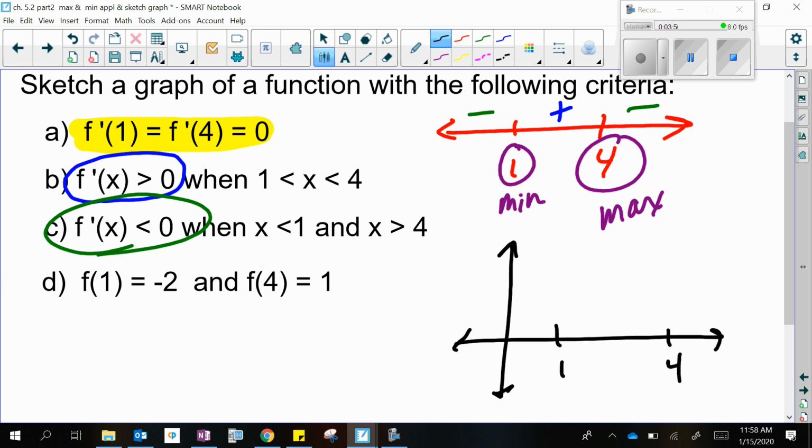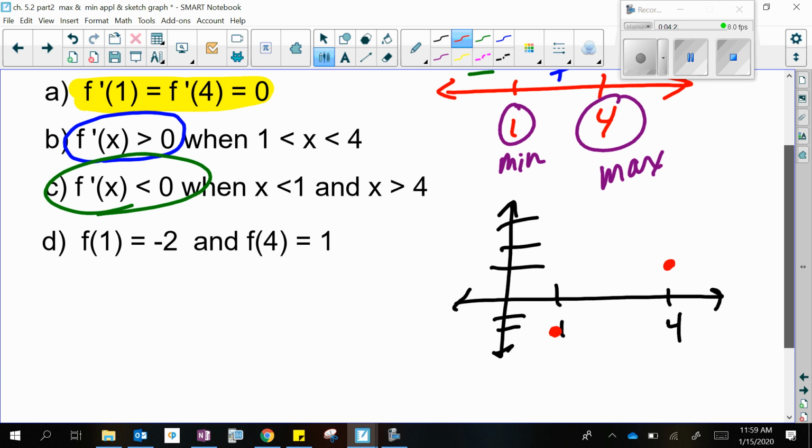So this is telling us that when we draw this min and max, these are the values we're graphing. So when x is 1, y is negative 2, so we have a point, (1, -2). And when x is 4, y is 1. Okay.